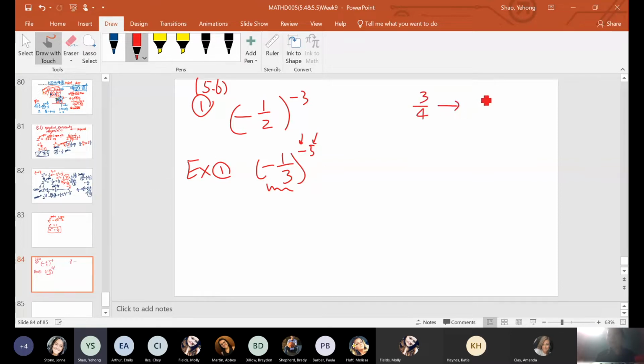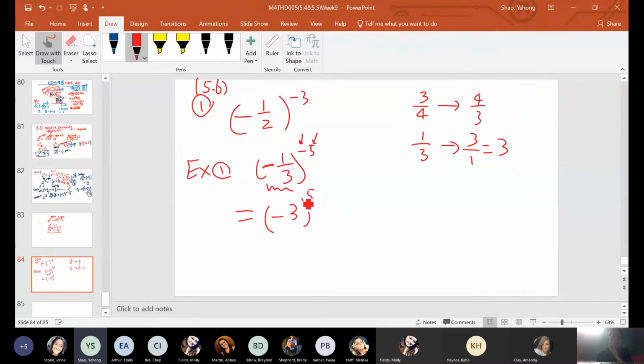When you flip, you will get 4 over 3. It's still going to be a fraction. But when you have 1/3, after you flip it, you get 3 over 1, which becomes the integer 3, right? So for this specific example, I am going to choose to do the flipping first. And remember, the negative sign, when you flip it, is not going to disappear. So you will still have negative, and then you will have 3 over 1, which is -3.